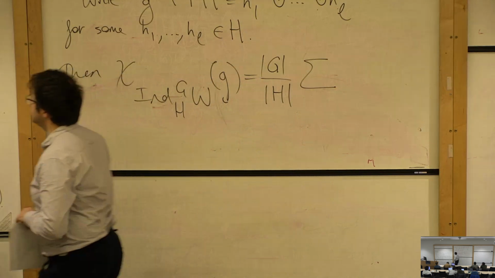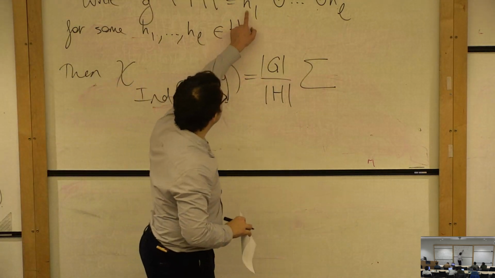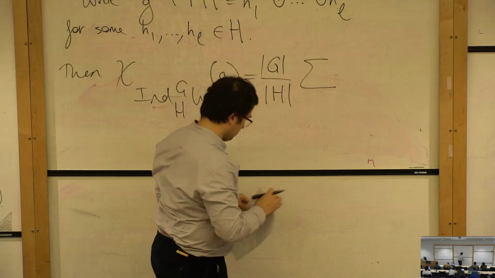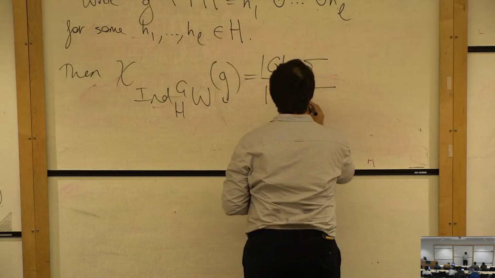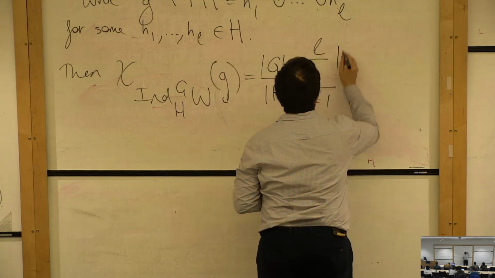So the point of this corollary is that you don't have to sum over all elements of G, it suffices to sum over 1 to L. To do that, there are some weights involved.